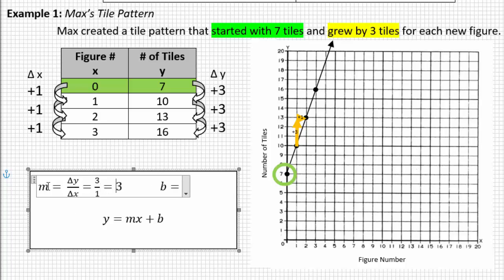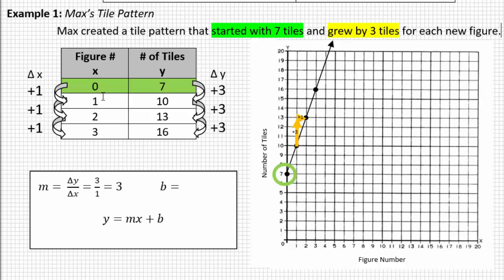And so our slope is 3 because it increased by 3 tiles, and this is a key part right here, for each new figure, so that might be a good thing to underline. Because each new figure says, oh, this is a ratio, it's 3 tiles for each new figure, 3 over 1, because each stands for 1.